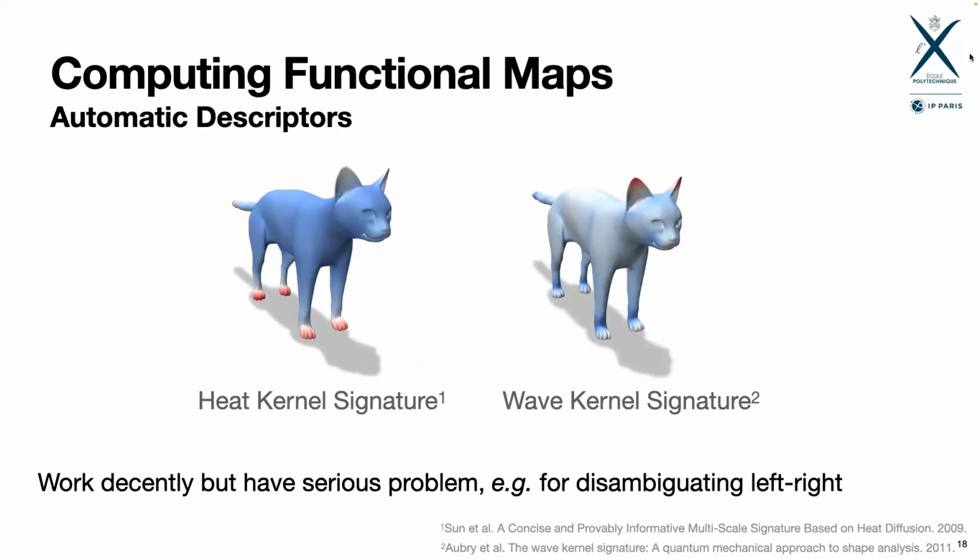Again, back 10 years ago, there were a lot of automatic descriptors, trying to compute functions on shapes which, if the shapes are similar, should be the same. You could hope that, for instance, curvature could be something. And there's the heat kernel signature and wave kernel signature, which were derived around 2009, 2011.